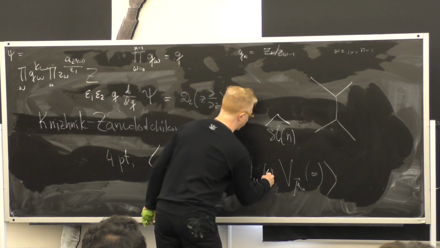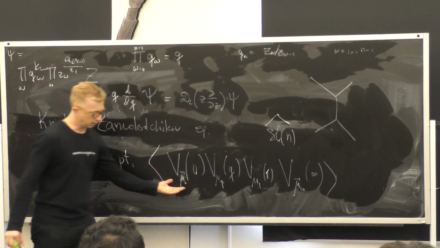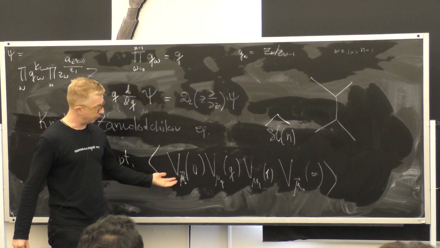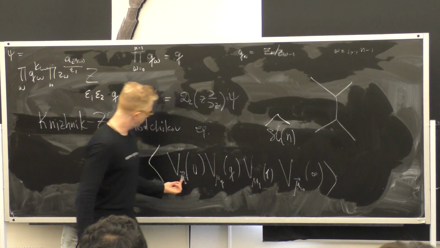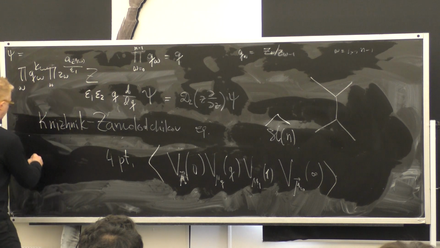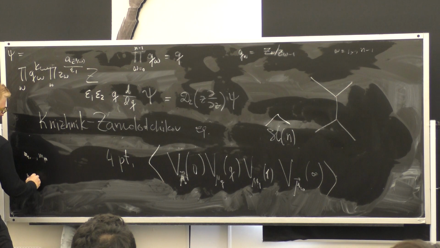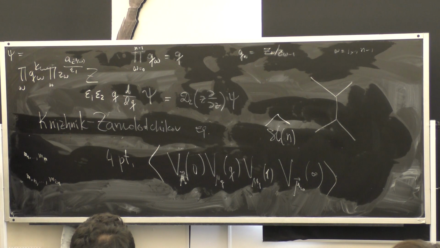Two of them correspond to the Verma modules of SLN, whose highest weights are determined by the choices of masses m1, m2n, so mn and mn plus 1, m2n.